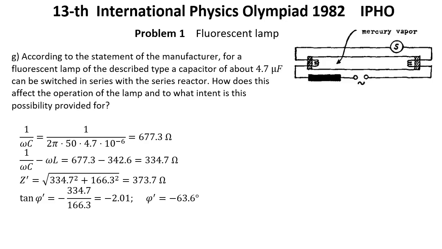Such additional capacitors are used for compensation of reactive currents in buildings with a high number of fluorescent lamps. Frequently they are prescribed by the electrical supply companies.